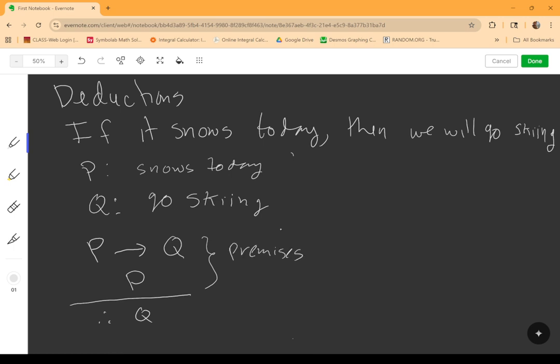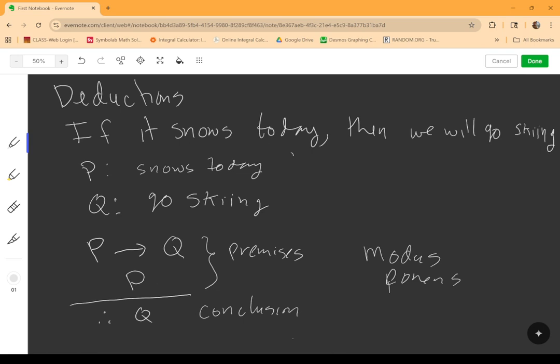And again, we're not bounded by two. So all of them, except the last one, are the premises, and the last one is the conclusion. Okay? Now here, this is a very famous type of argument, P implies Q, P therefore Q, sometimes referred to as modus ponens.